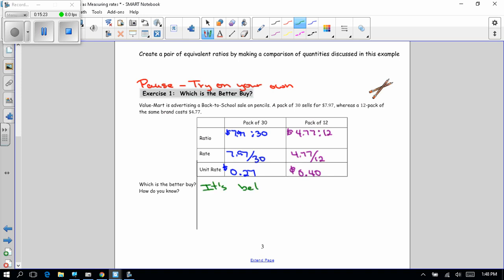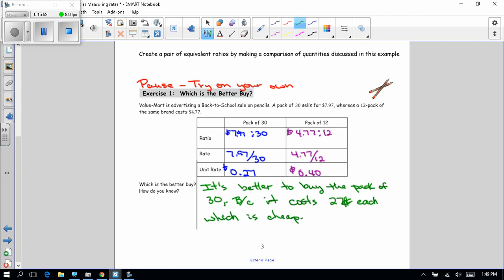It's better to buy the pack of 30 because, that's what that BC stands for, because it costs 27 cents each, which is cheaper than 40 cents each.